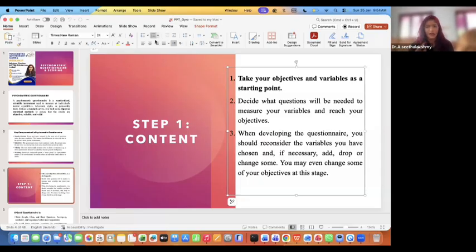Okay, well and good. Now what is the next step? Okay, I need to get the anger level, or maybe I need to get the anxiety level of the students, maybe if you are doing research related to anxiety of students when using the mobile or something like that. If the variable that you choose is anxiety, please decide the questions which help you to measure anxiety.